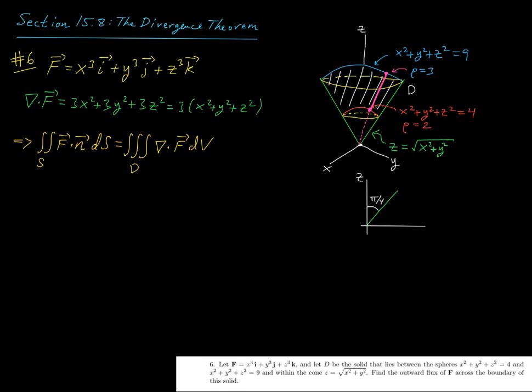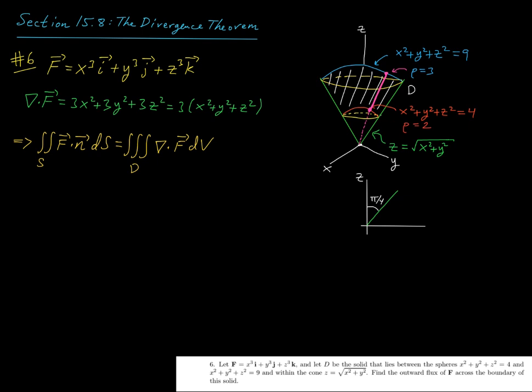Now, given that we're integrating over this solid that's bounded by these spheres and this cone, and looking at our integrand here, that suggests we use spherical coordinates for this triple integral. And so that's what we'll go ahead and do. So we're going to let rho, which is just the radial distance from the origin, vary from 2 when we're along this inner sphere out to a value of 3 when we're on this outer sphere.